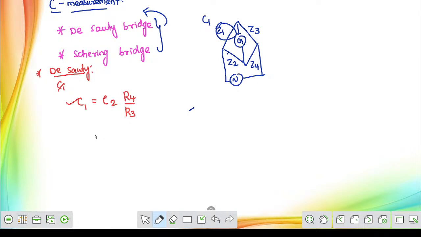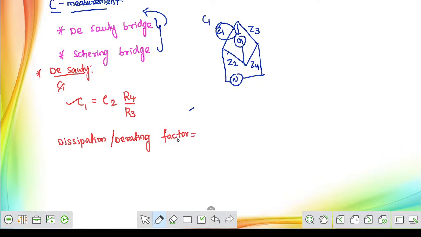Now, in the De Sauty bridge, a few more questions will be framed. That is the concept of connecting a practical capacitor: how to measure the loss tangent and the D factor. I will tell you. If you are asked to calculate the dissipation factor, they will write down the full name: dissipation factor. So what is the formula to calculate the dissipation factor?